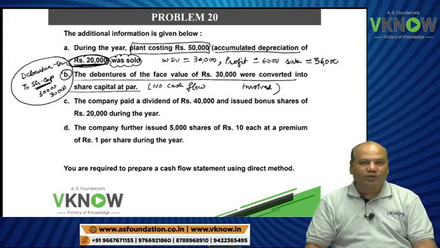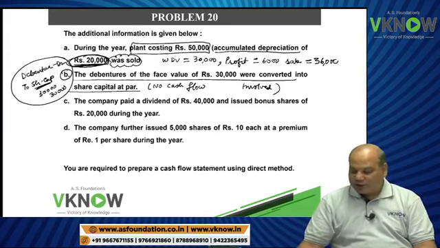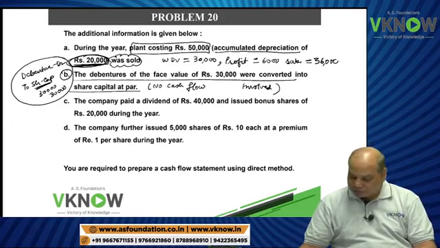Tick mark two items in the balance sheet: debenture and share capital. Also tick mark plant and machinery and accumulated depreciation.